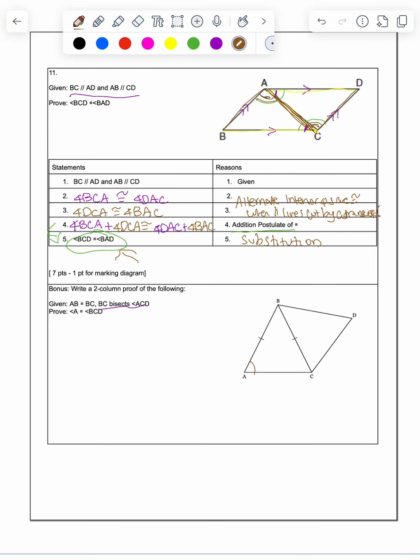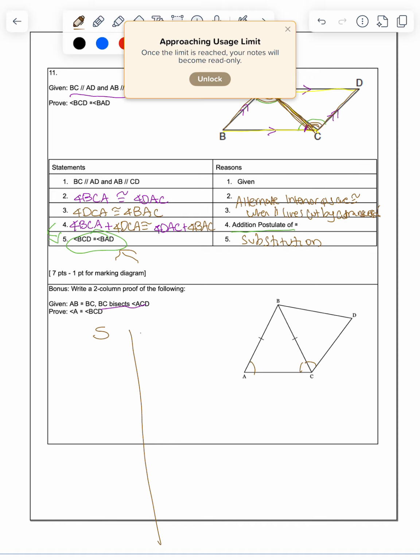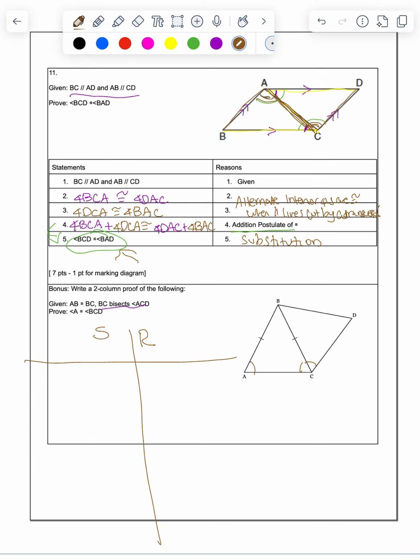So let me just change the markings since we've established that they're all congruent, and then I'll write up the proof. I'm just going to write an S and an R. So I'm going to state that the base angles are congruent, angle A and angle BCA.